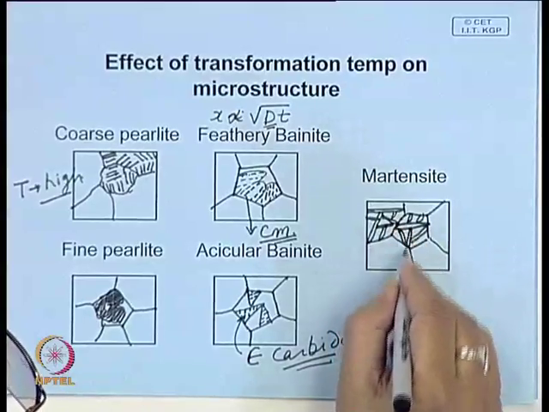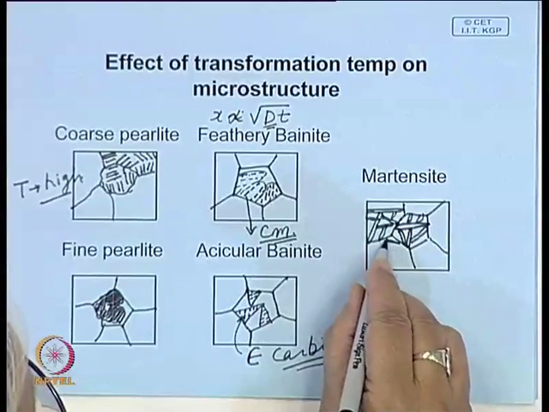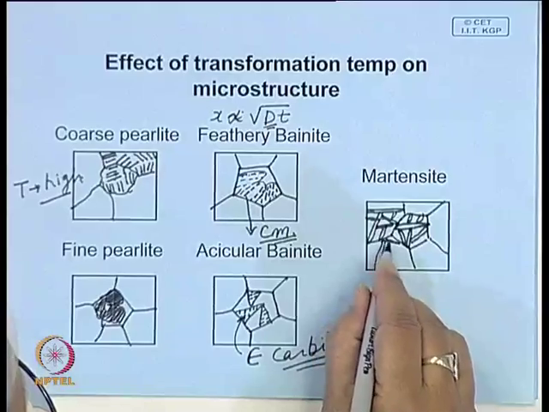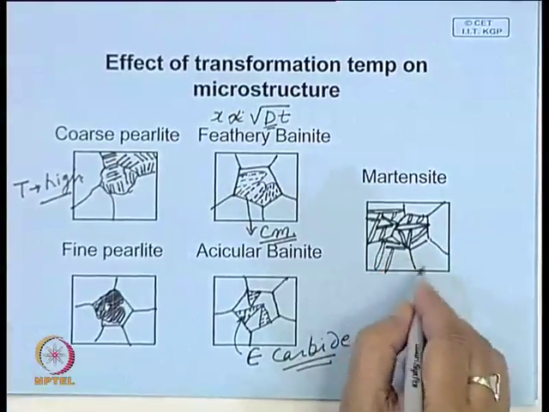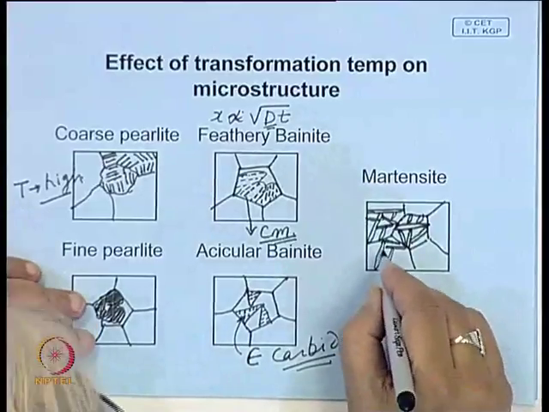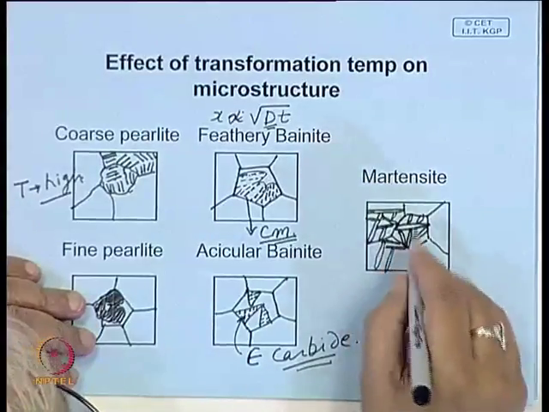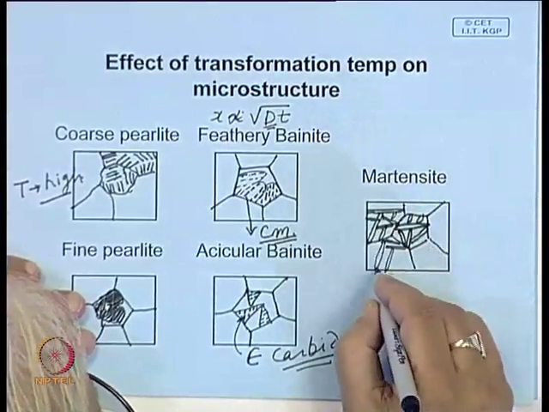So it is a little difficult to etch, and later on when we look at heat treatment, we will see that if you give a little tempering treatment, then they etch very easily, and the carbide precipitates out in these platelets.